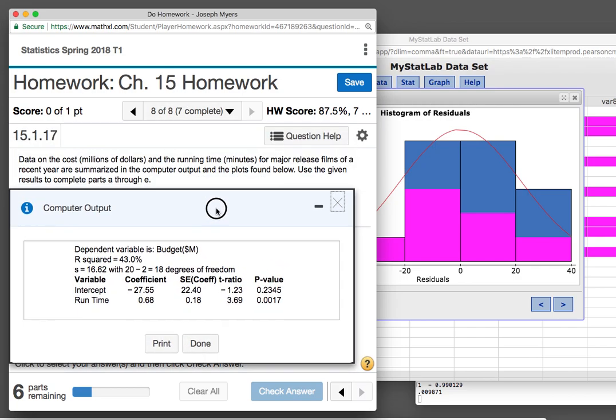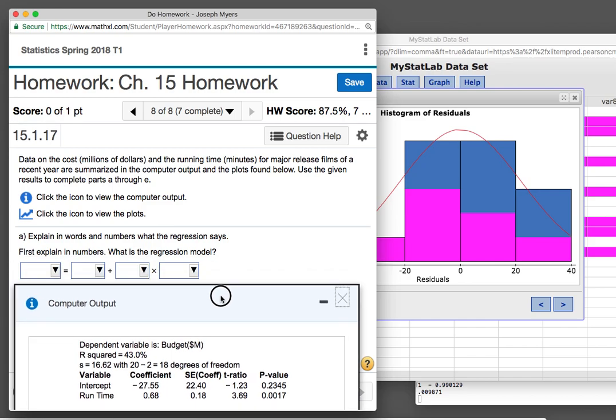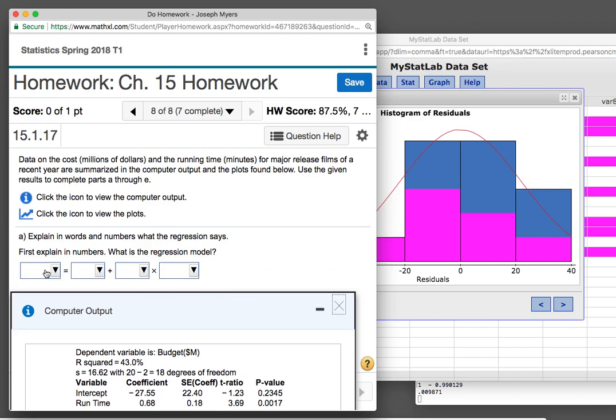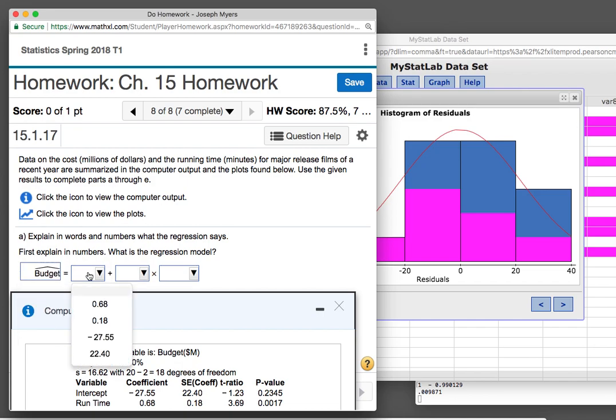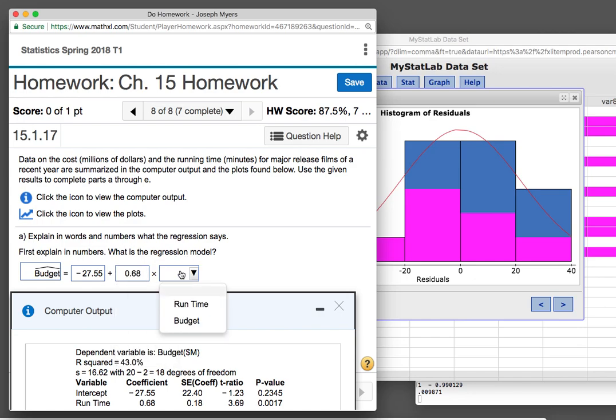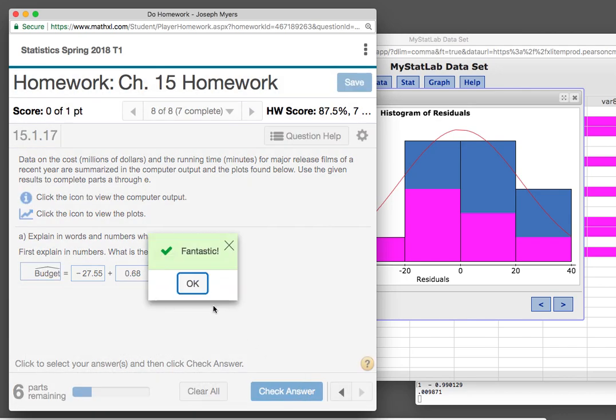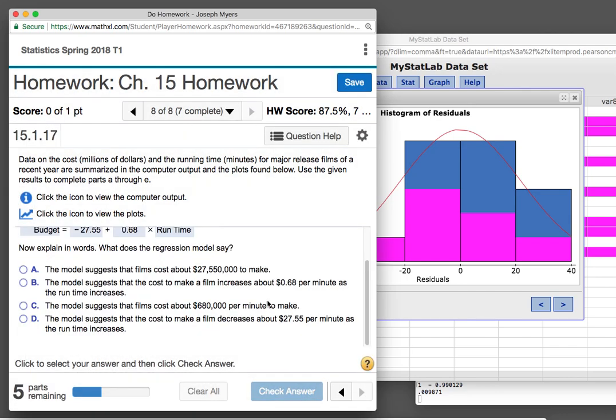So the formula would be the intercept negative 27.55, predicted budget equals the intercept plus the runtime coefficient, which is B1, times the x variable, which is runtime. Then explain it in words.